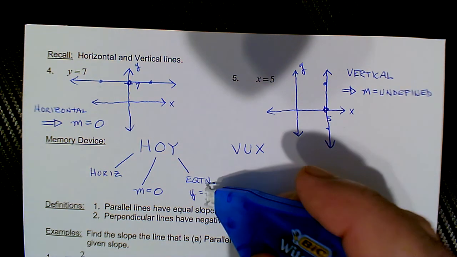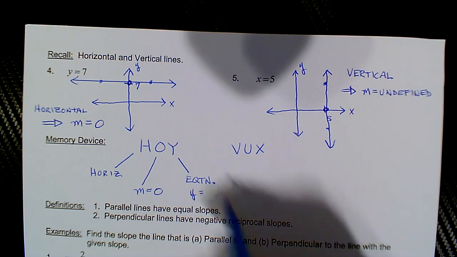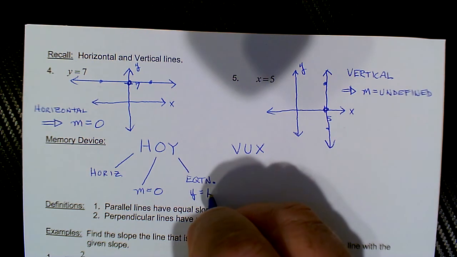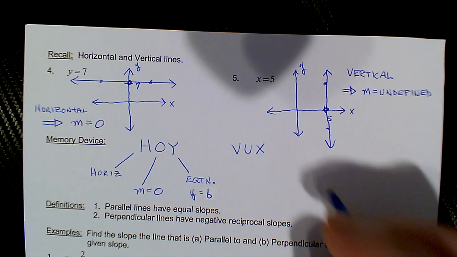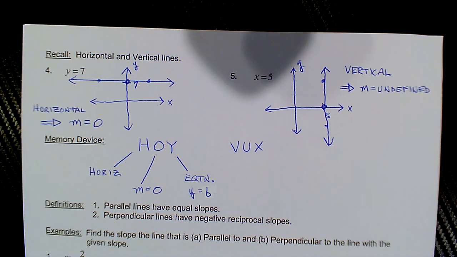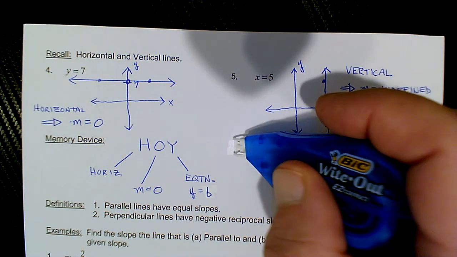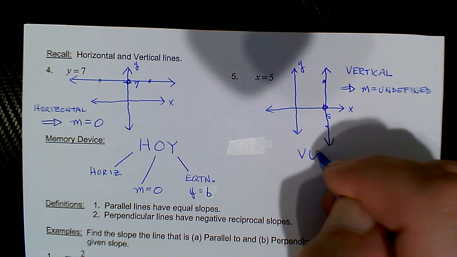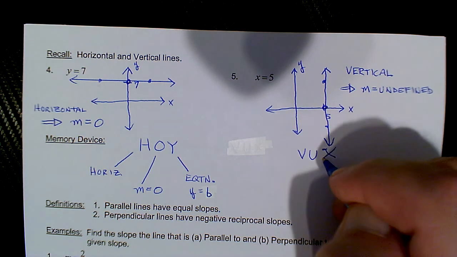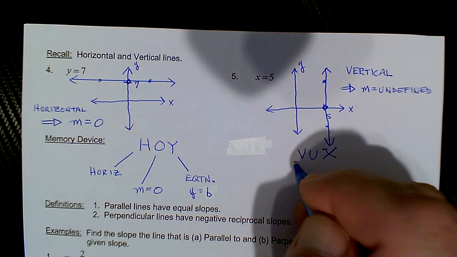Parallel lines have equal slopes, and perpendicular lines have negative reciprocal slopes. So in each of these problems, we want to find the slope of a line that's parallel to and perpendicular to the line with the given slope.